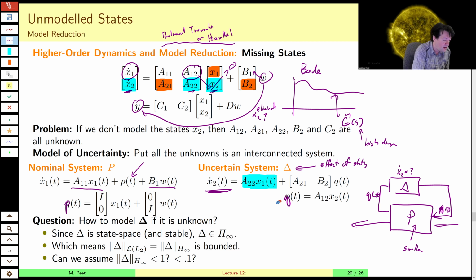So sorry. What I've done here is I've outputted both x1 and w into this signal Q, which I've now relabeled as P, so I'll just keep it as P. So that output signal is both x1 of t and w of t. Everything you need to know to get these extra terms here.